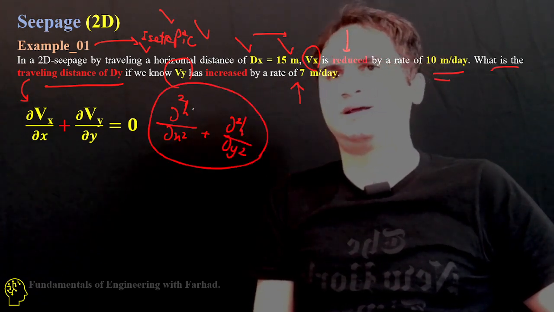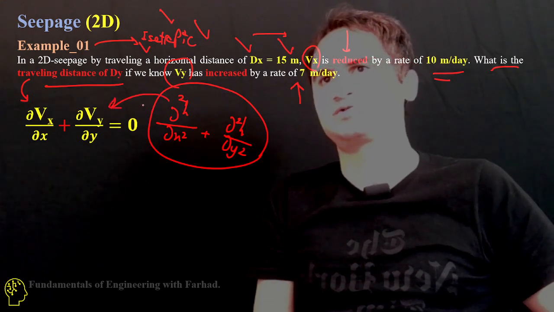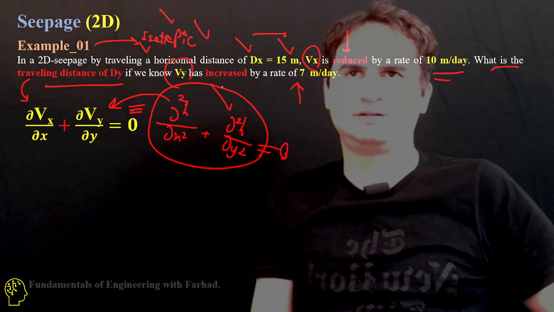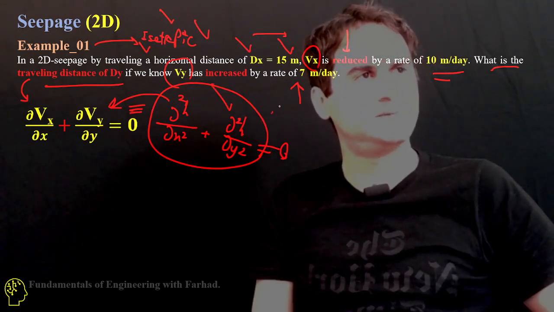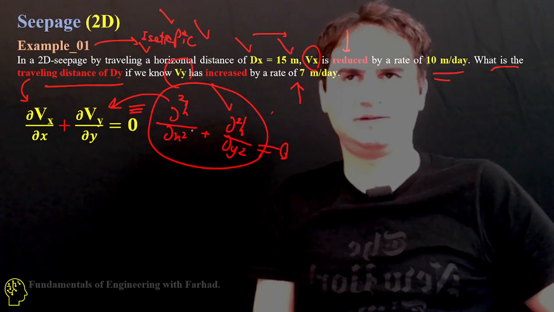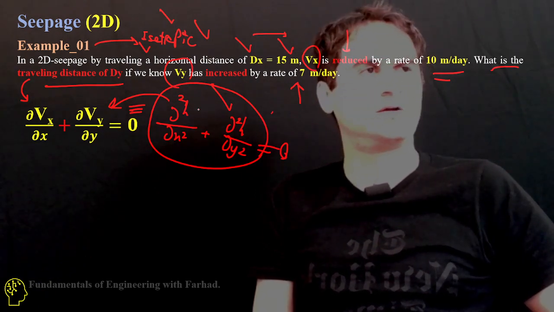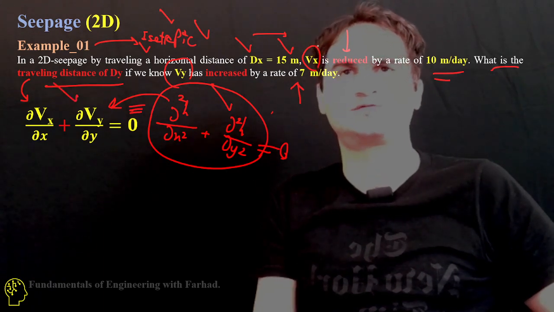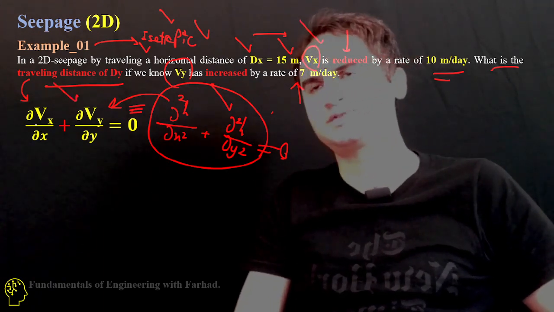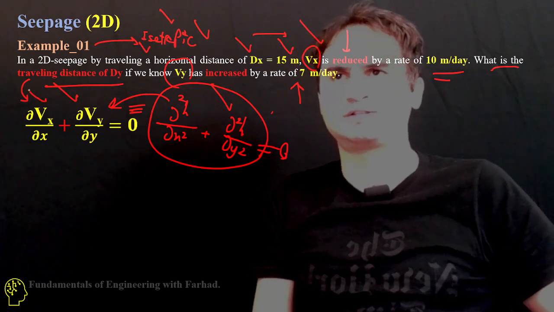Remember that this is equivalent. This is the equation of 2D seepage in isotropic soil in terms of the head of water, and this one is based on velocity, because we are provided with velocity, so we are interested in solving with the velocity equation.